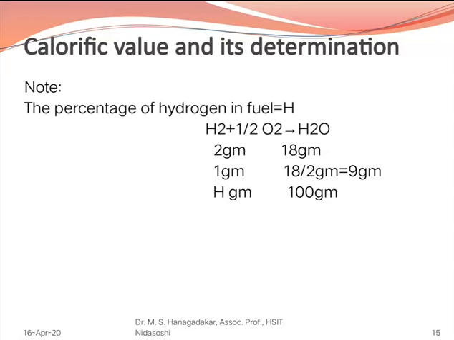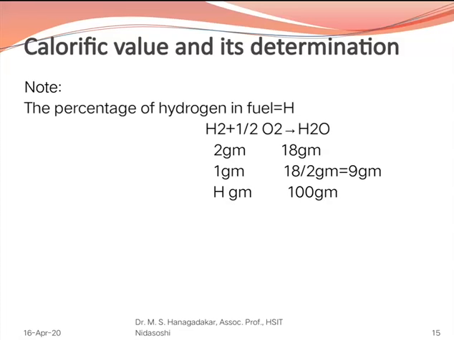It means 2 gram of hydrogen is used to form 18 gram of water. If 1 gram of hydrogen is used, then 18 by 2 gram of water is produced, which means 9 gram of water.